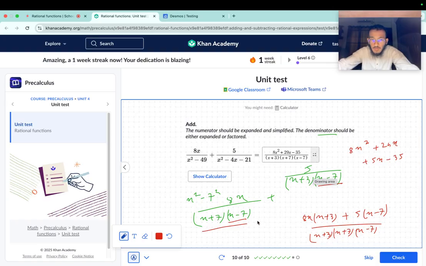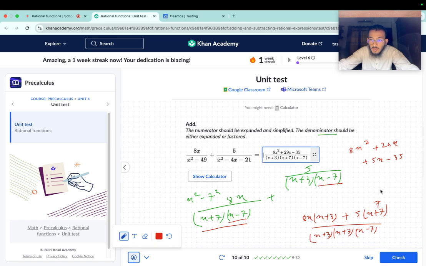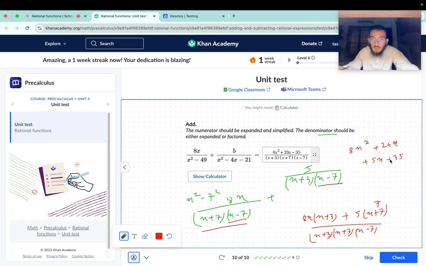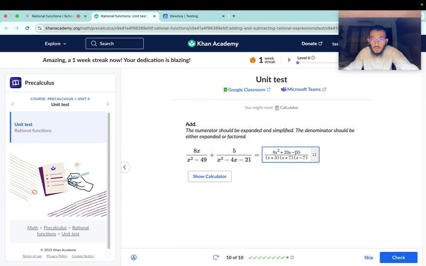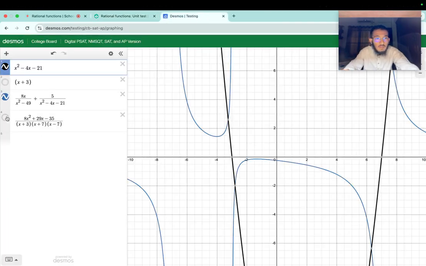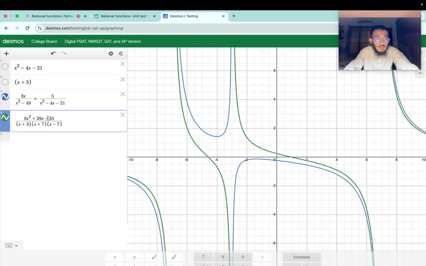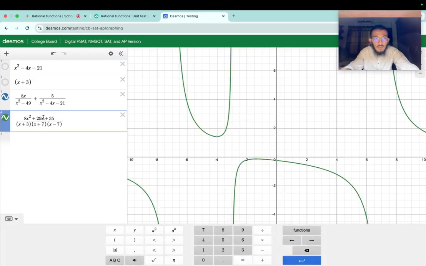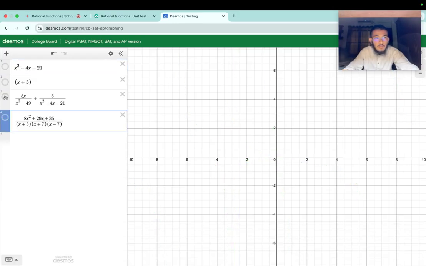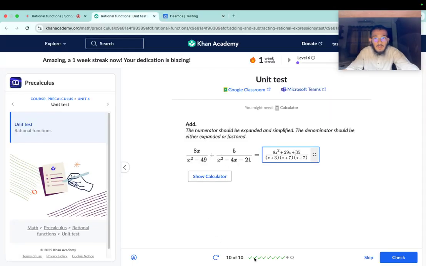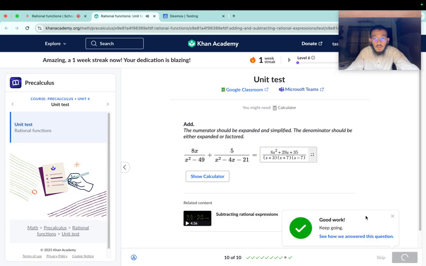This is x plus 7, because for 5 we only have x minus 7 here, so this will be x plus 7. So this will be plus 35. Now it should be okay. Yep, it is the same now. So that is our answer, and the end of this unit test.